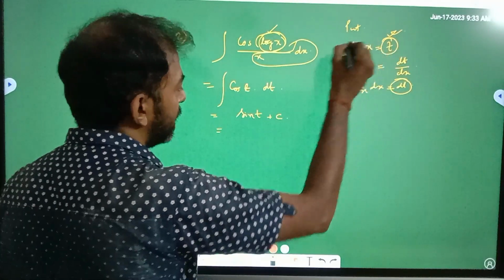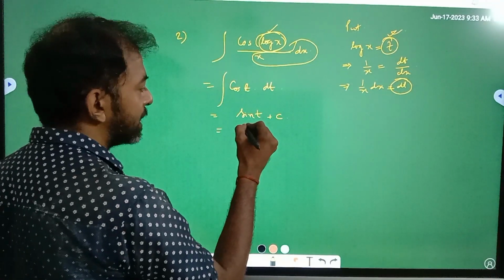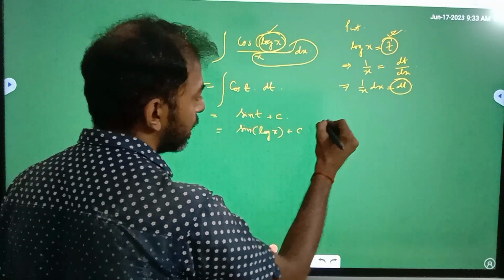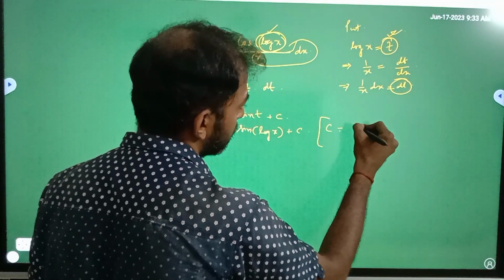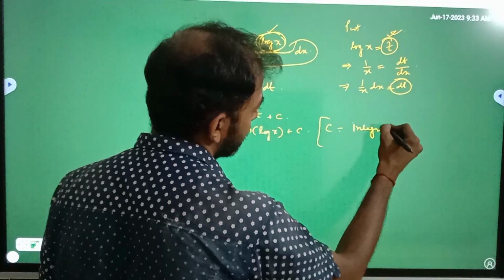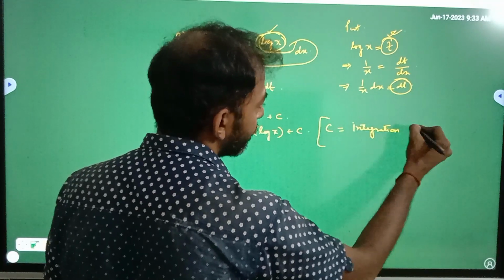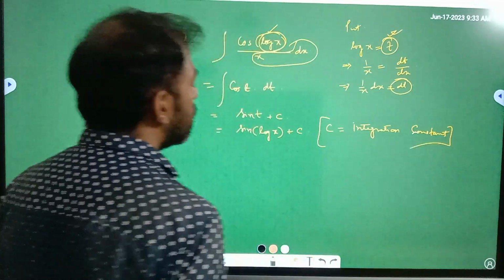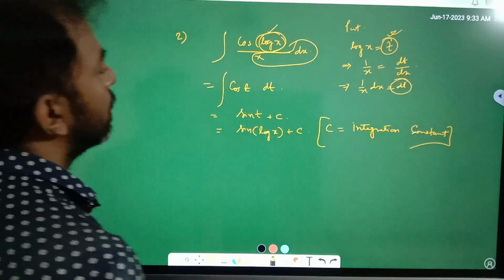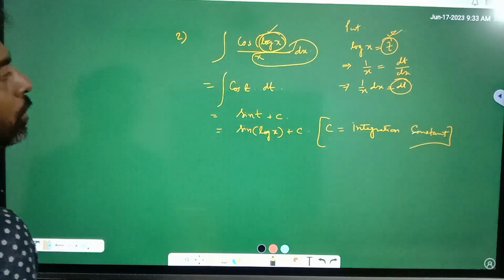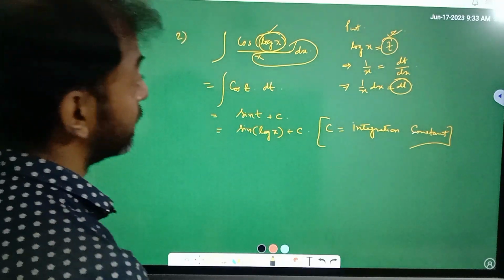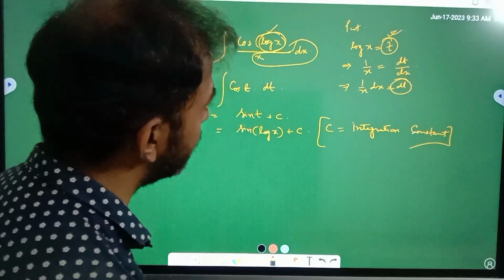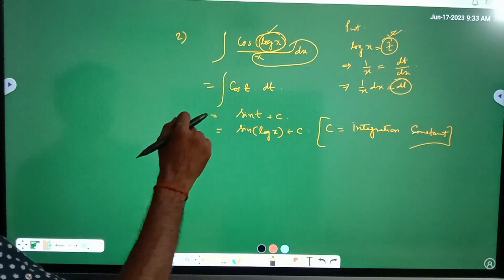Now, t equals log x, so that will be sin log x plus c, where c is the integration constant. So we are substituting a variable whose derivative is also present in the integral, and that's the method of substitution basically. We need to consider this very carefully.